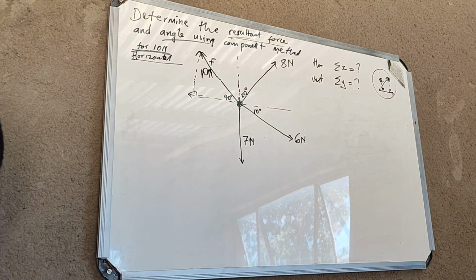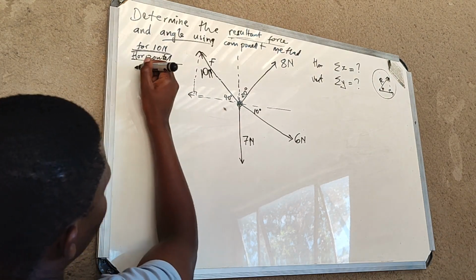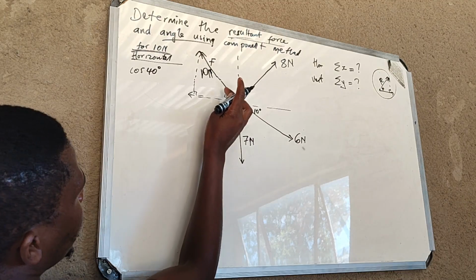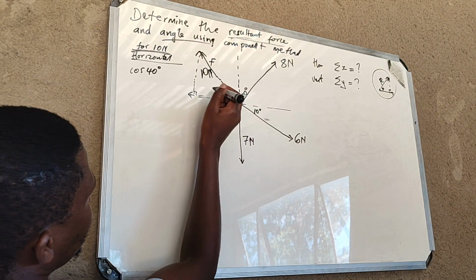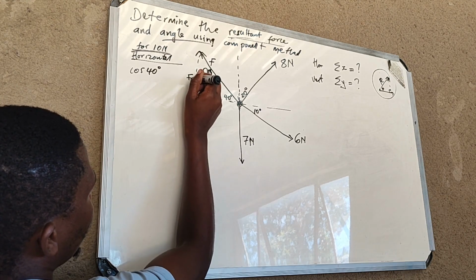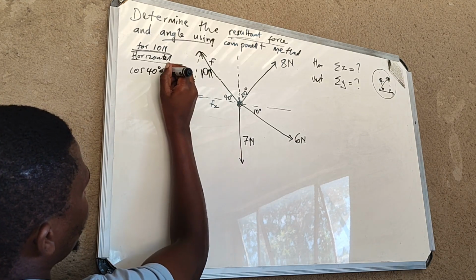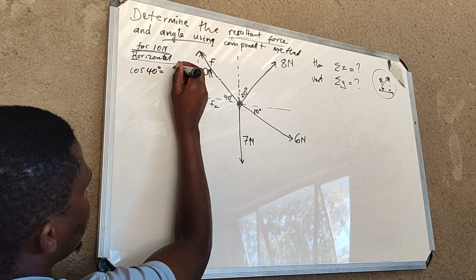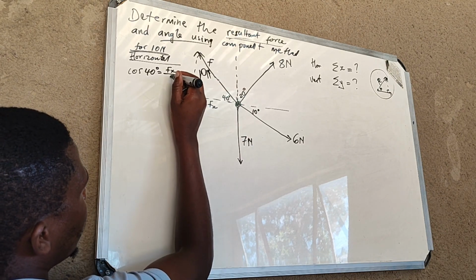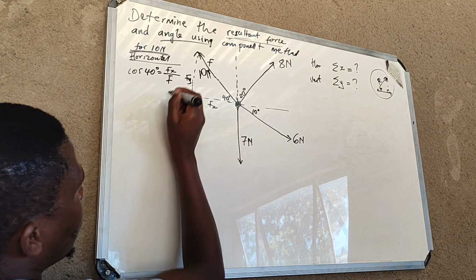The horizontal is the x again. We're going to use cos of what? 40 degrees again, equals the adjacent here. Let's call it fx. So this will be fy again. So cos equals adjacent fx over the hypotenuse f.